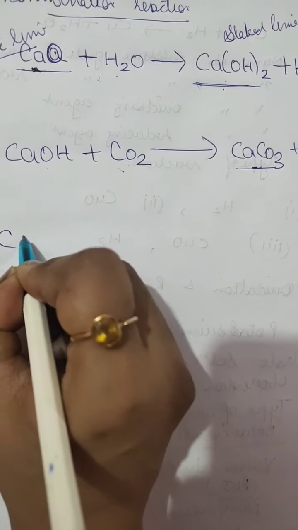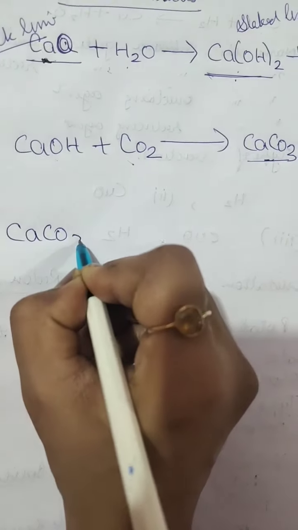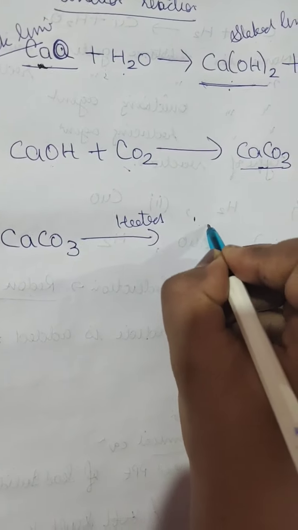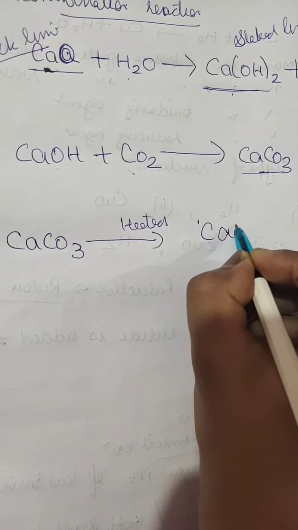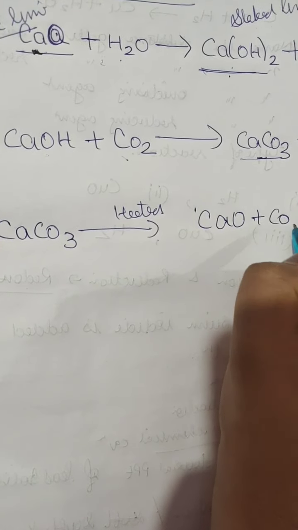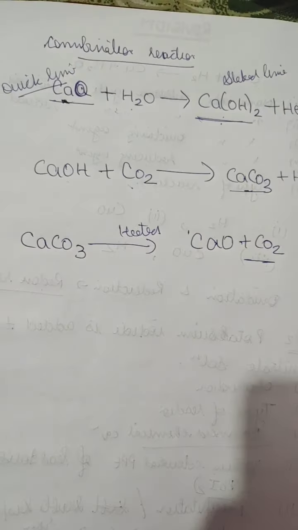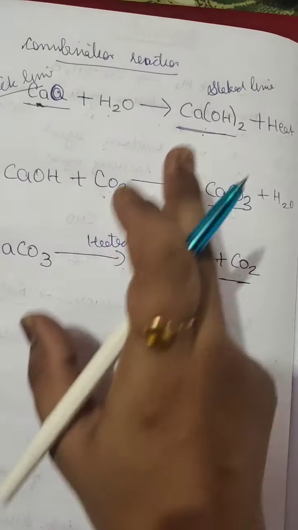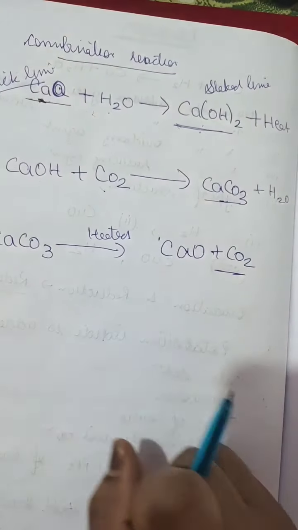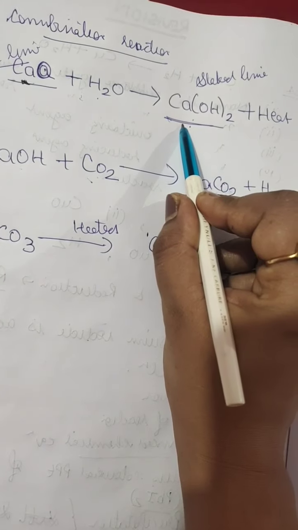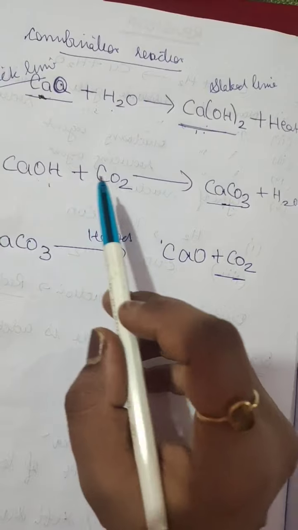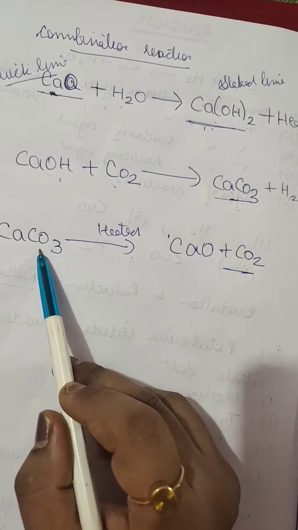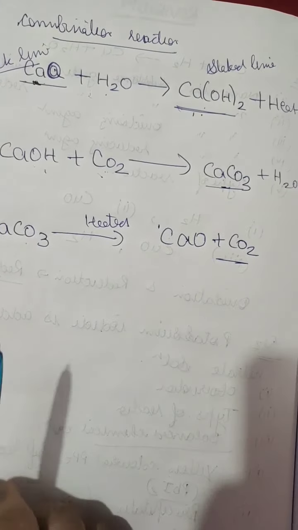When this carbonate is again heated, it decomposes into CaO again, and this gas is liberated. So this is very helpful for this question. You should always remember all these. When this is mixed with water, we get calcium hydroxide, and when calcium hydroxide is treated in the presence of CO2, we get calcium carbonate, and again if we heat calcium carbonate, we get CaO back.